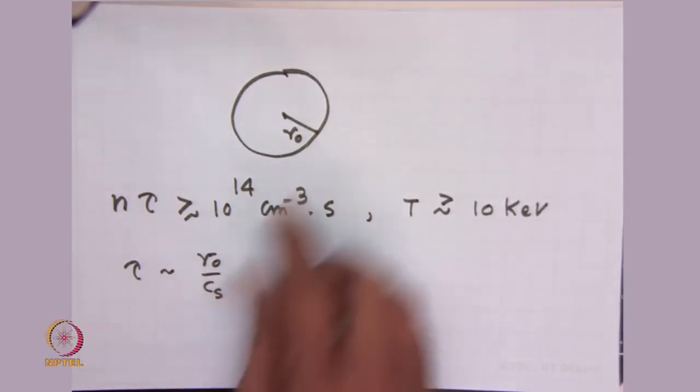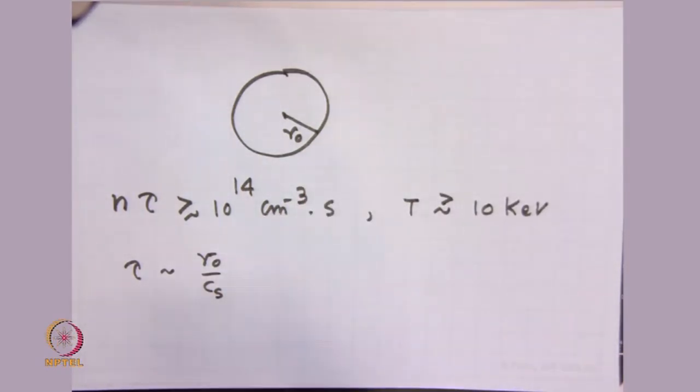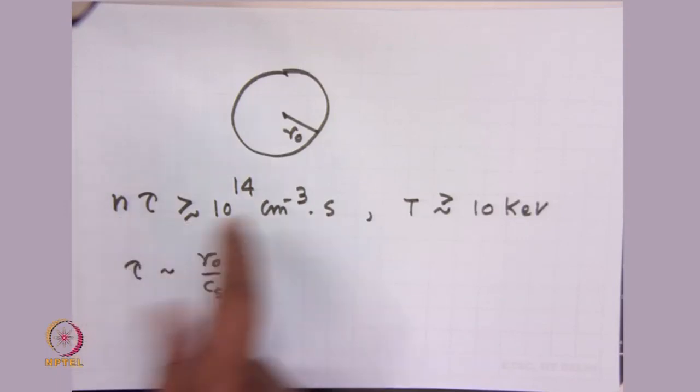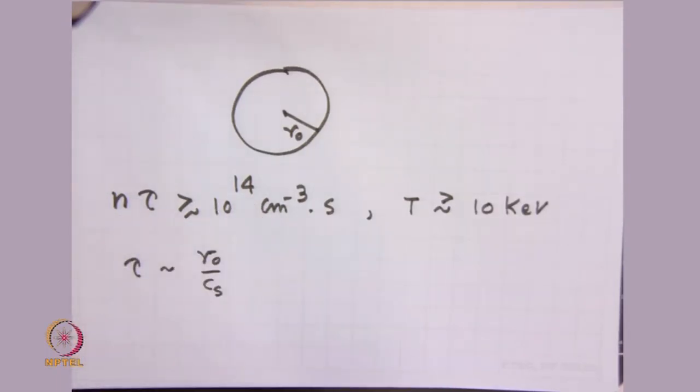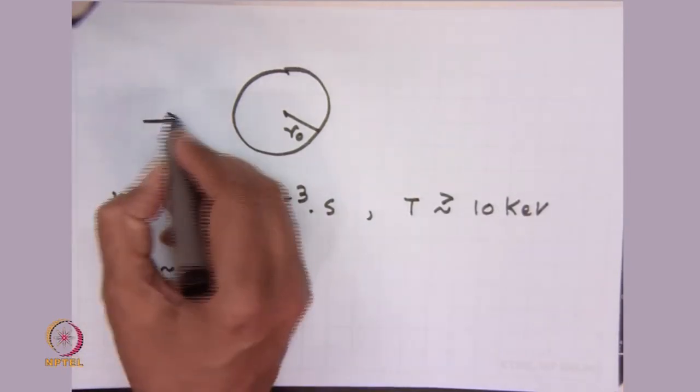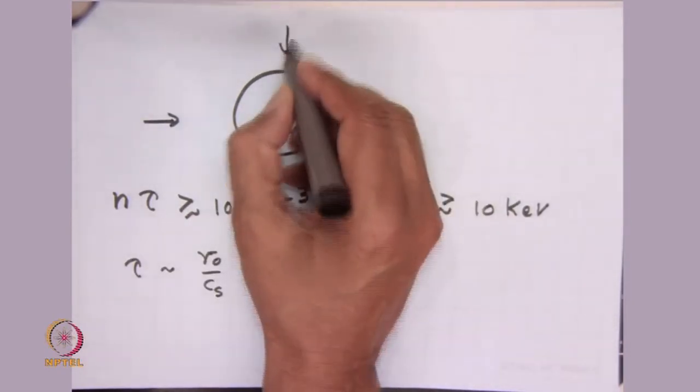So if you have r0 small, then tau can be small, but to reach this number 10 to the power 14, you require the density to be quite large. So what people do is shine laser light from all directions.